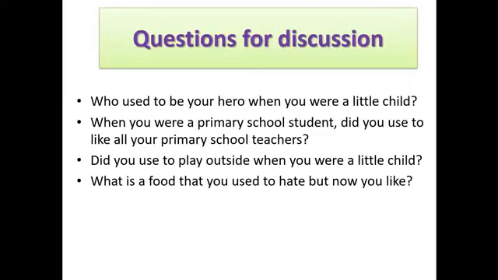So this is a speaking activity through which you can end your lesson. And students could be able to interact communicatively with this activity.